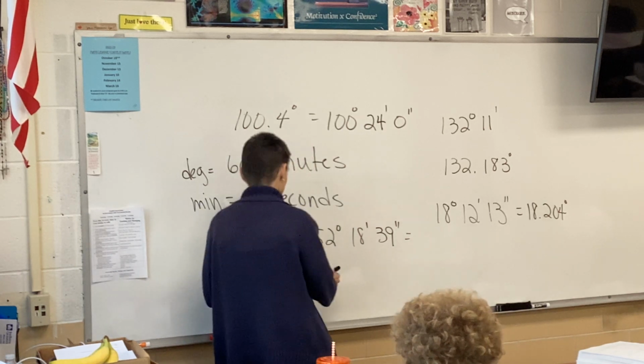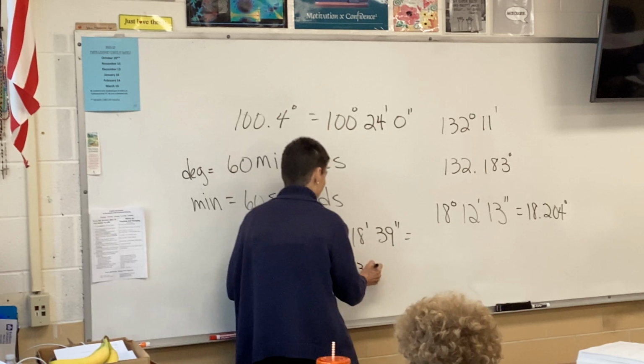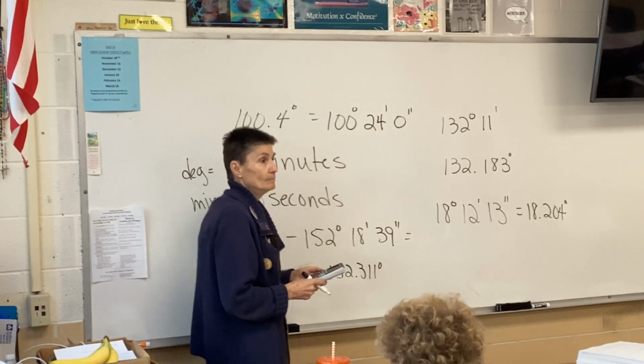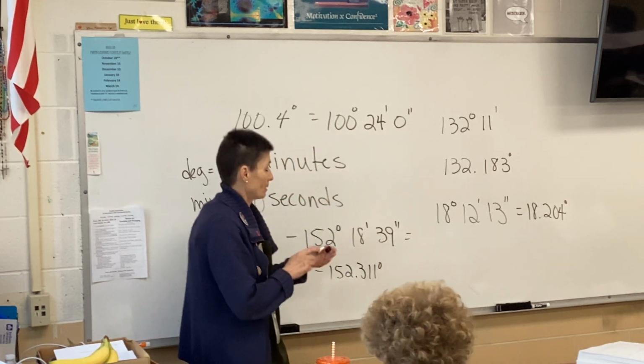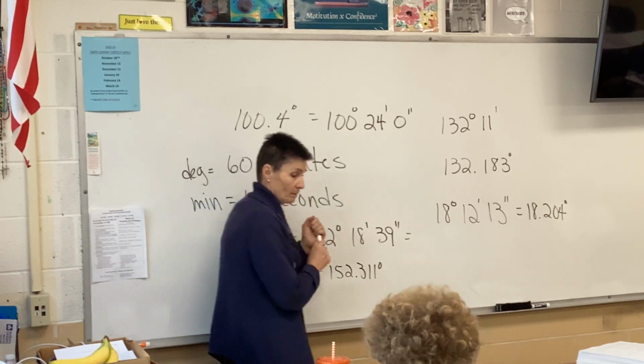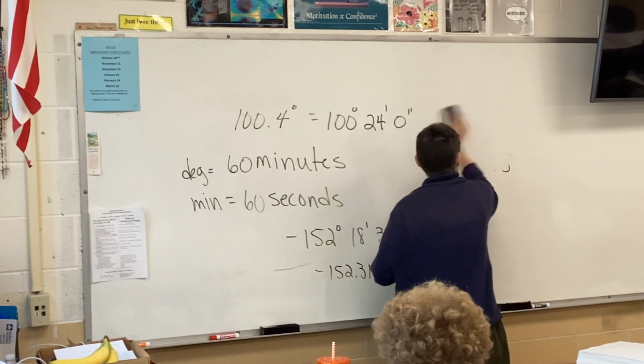Hayden, I see you writing. What'd you get? Negative 152 point 311. How does that look to everybody? Good deal. All right, we have one more problem to do today. Pick up here tomorrow.